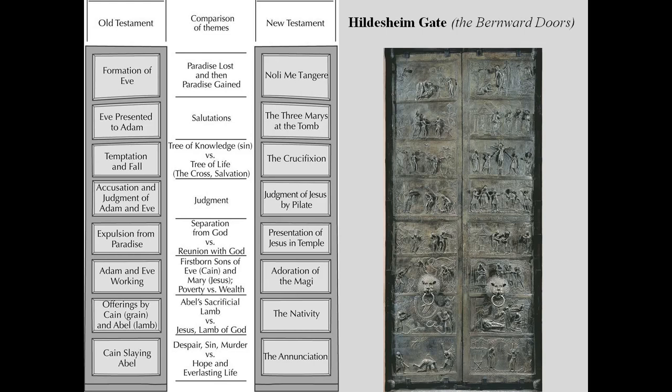Then, exile from paradise, the separation of man from God, and bringing to the temple, which means returning to God. And the number 8 itself, the number of scenes on each leaf, served as a symbol of eternity.